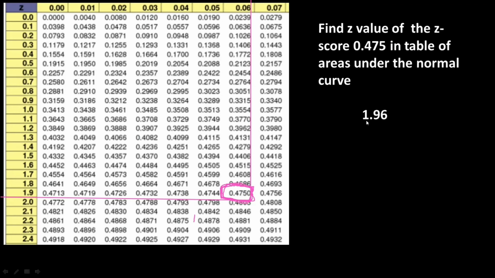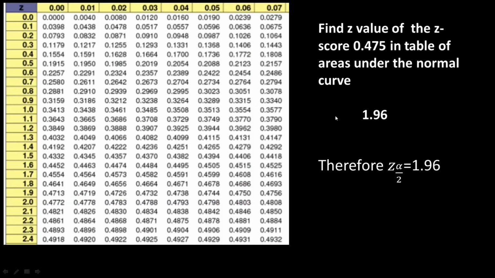Again, saan nakuha yung 1.96? So, hanapin muna natin yung 0.475 sa ating table. And then, tignan natin yung ating z-value, which is 1.9 on the left. And then, dun sa itaas natin ay 0.06. So, therefore, the z-score or the z-value is 1.96. So, next is, ayan na, yung z-score of alpha over 2 natin is 1.96.